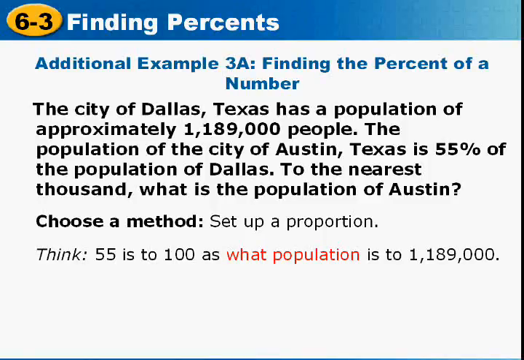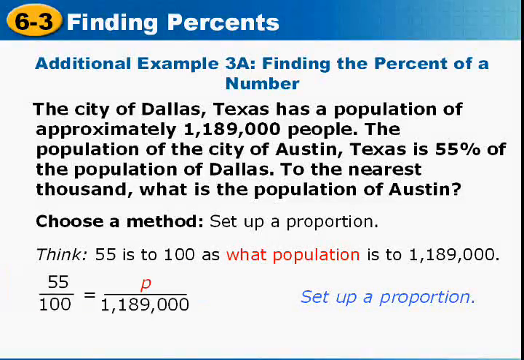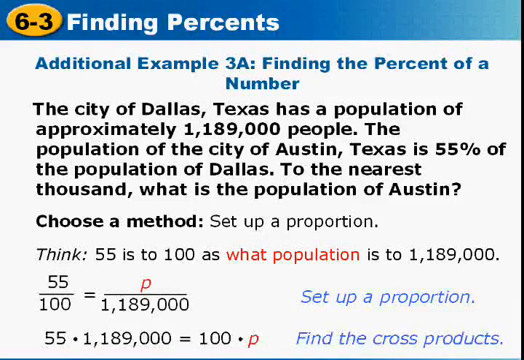So that's why we put the 1,189,000 on the bottom. We're trying to figure out the percent of that. I'm going to set up my proportion. 55 over 100, because it's a percent, equals what population, because I don't know, is to Dallas, 1,189,000.